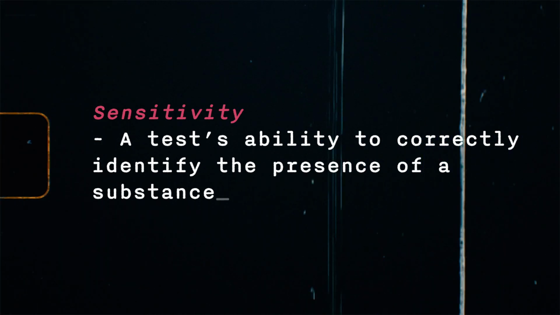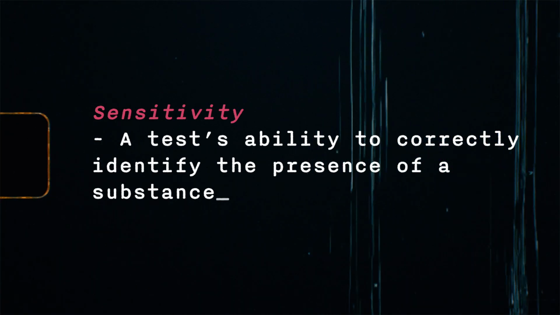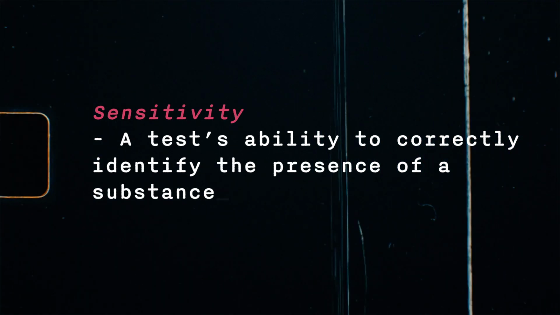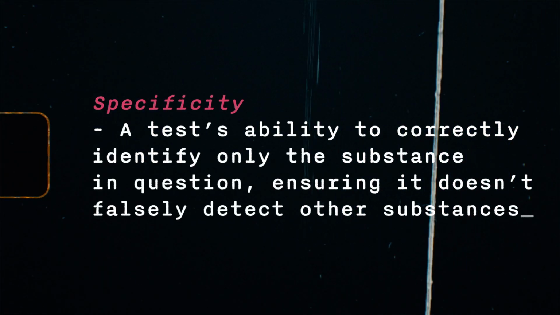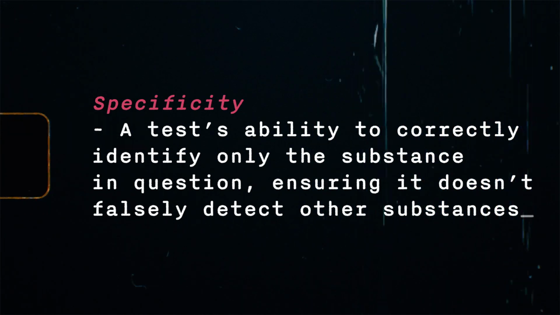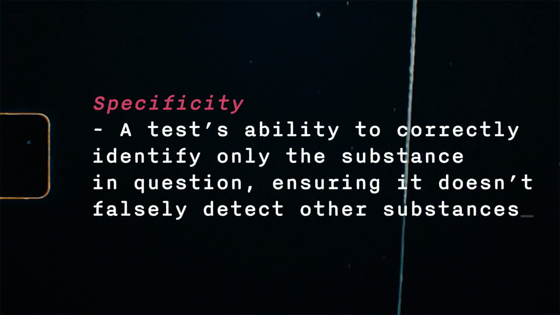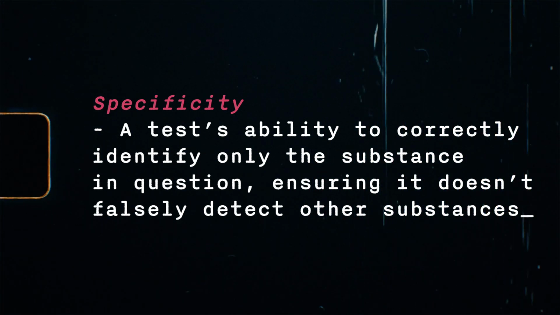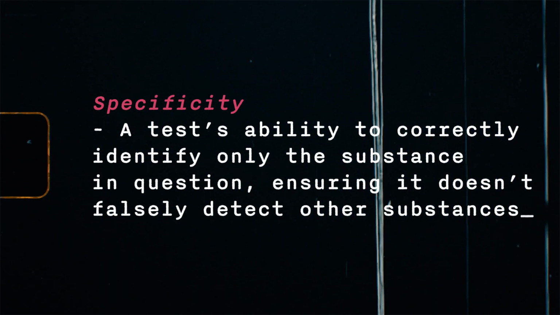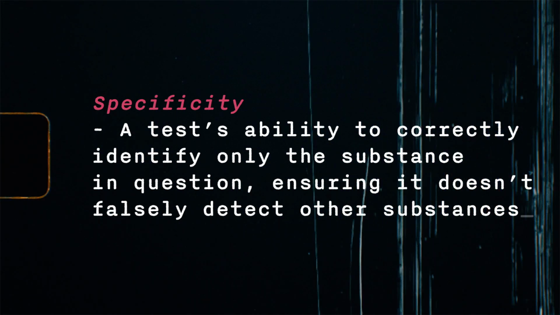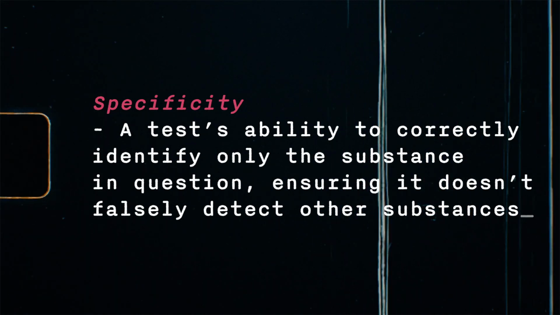A highly sensitive test should always detect the substance if it's there. Then we have specificity, a test's ability to correctly identify only the substance in question, ensuring it does not falsely detect other substances. Ideally, we want tests that are both highly sensitive and highly specific.